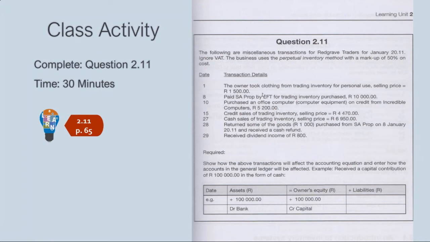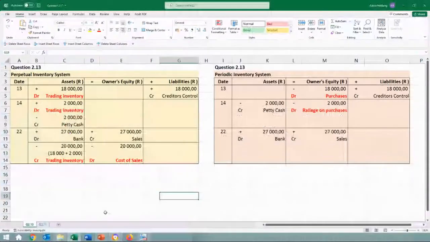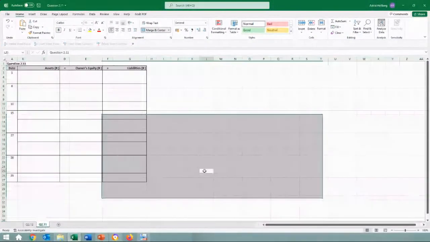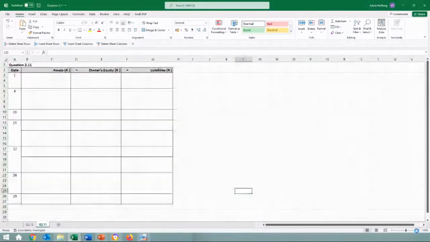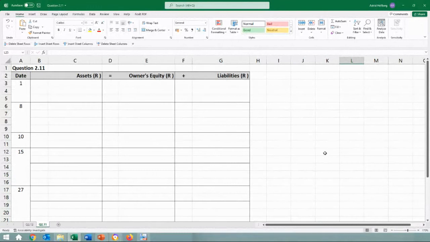Okay, the cost. Remember, you as the owner will not pay the markup. You will refund the business for what it actually cost them. So that's why this markup percentage is so important. Okay, so let's go see how we account for the first transaction in our Excel sheet. I'm just going to make it a bit bigger so that all of you can see properly.